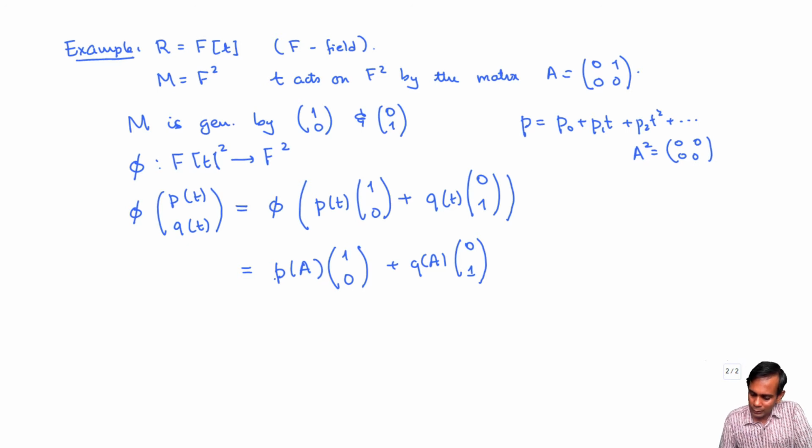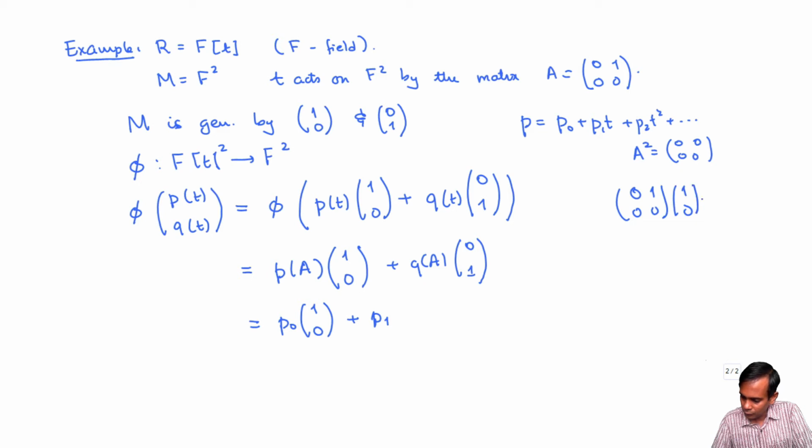So when we evaluate p(A), there will be only two terms, p0 plus p1 times A. So this will give us p0 times (1, 0) plus p1 times A applied to (1, 0). But A applied to (1, 0) is (0, 0), right? You do this matrix multiplication, you get (0, 0). So there's no term here.